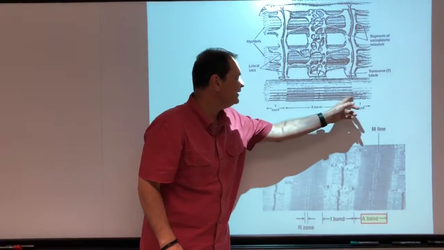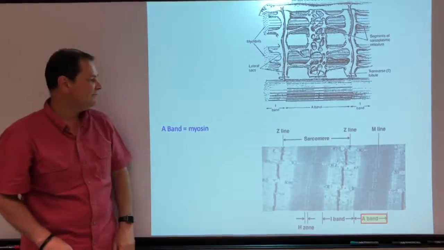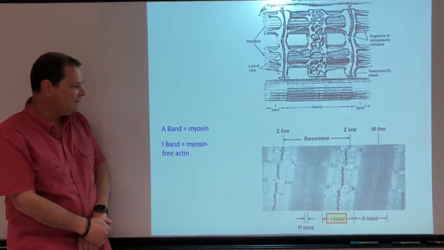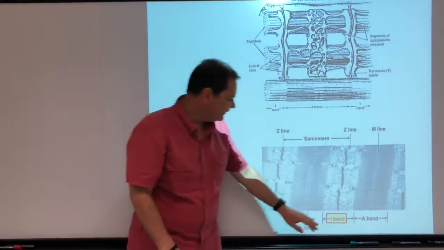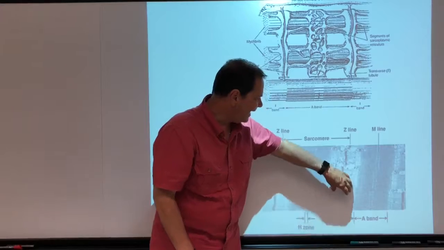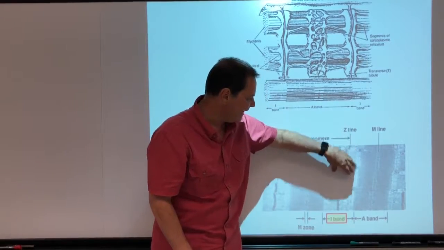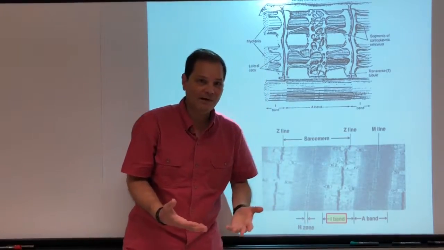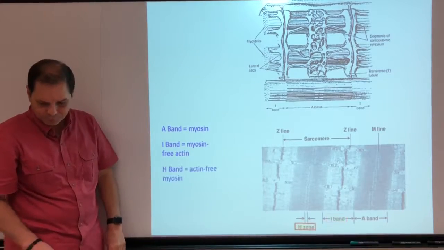You can see the myosin here, kind of a heavy line, and it runs the length of the A band, okay? We have the I band in the sarcomere, and this is just actin, no myosin. So this is myosin-free actin. It's actin myofilaments where there is no overlap with myosin at all. That is your I band, okay?